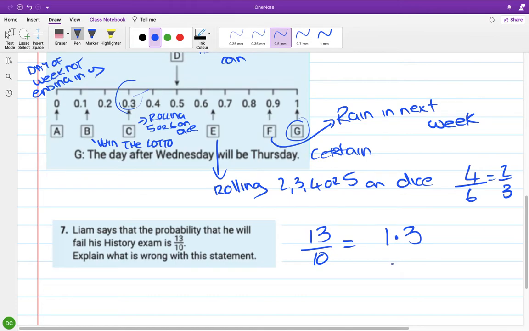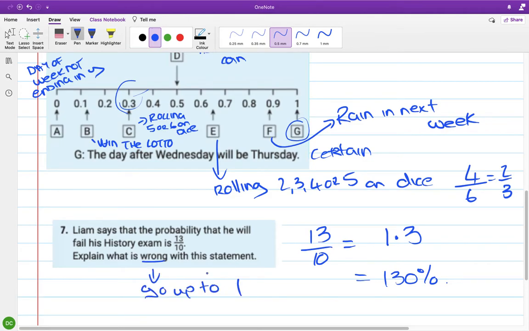So he is saying the probability that he will fail his history exam is 1.3. If I write that as a percentage, he's saying he has a 130% chance of failing his exam. What's wrong with his statement is that probabilities only go up to 1.